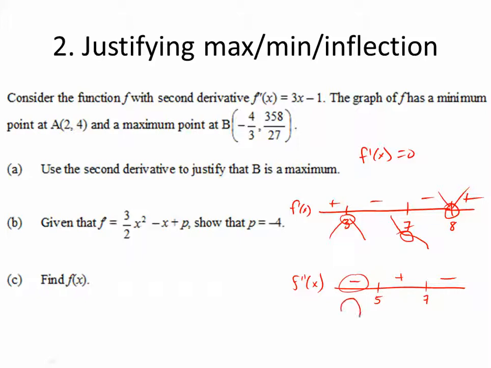That means concave down. So that means at 3, it should be concave down, which means it had to be a maximum. It can't be a minimum if it's concave down. At 7, you'll notice that it's horizontal and it's changing concavity. And when it changes concavity, that is the justification of an inflection point. Okay?